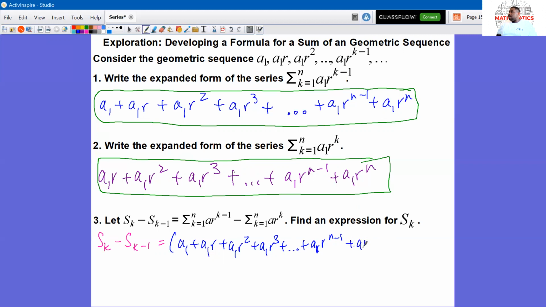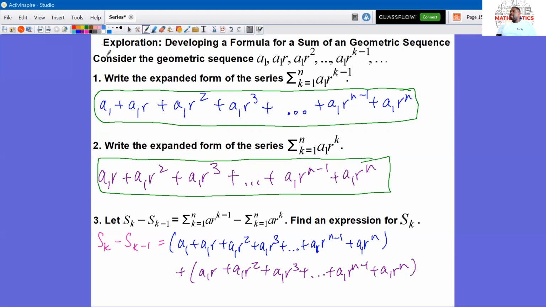Plus A1R to the N. And then we're going to add to that A1R plus A1R squared plus A1R cubed plus A1R to the N minus 1 plus A1R to the N.